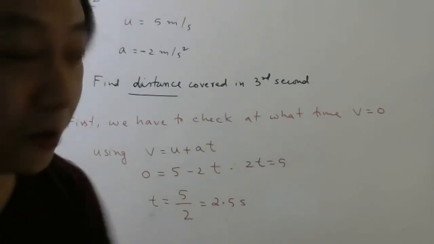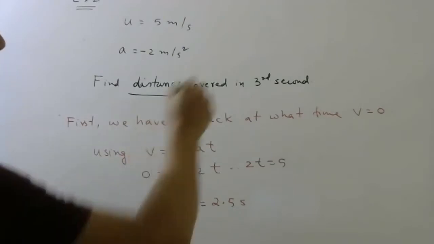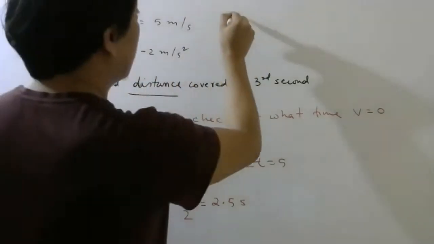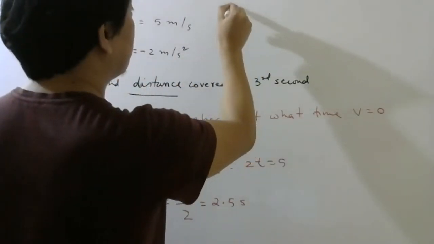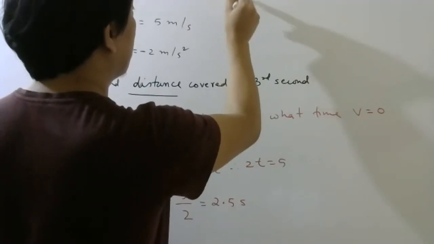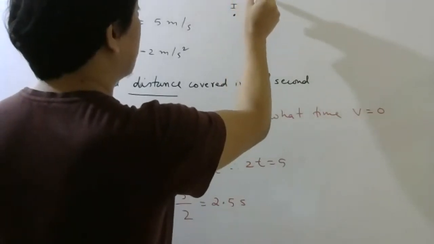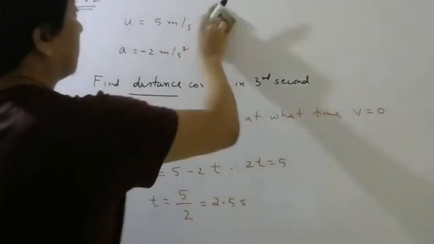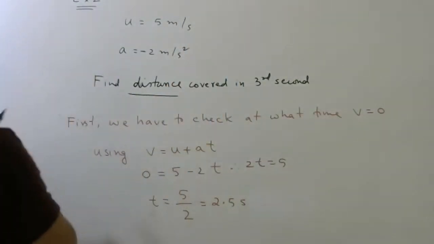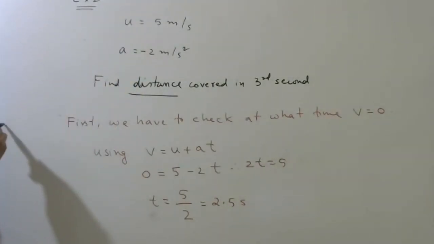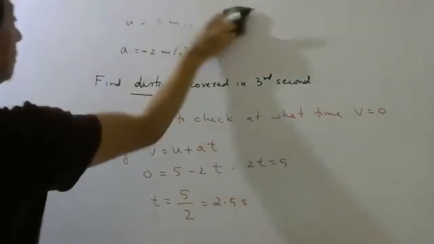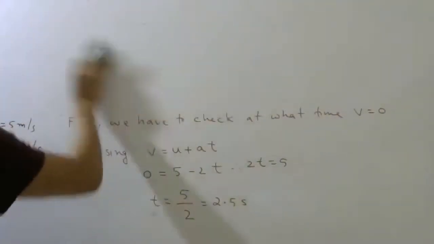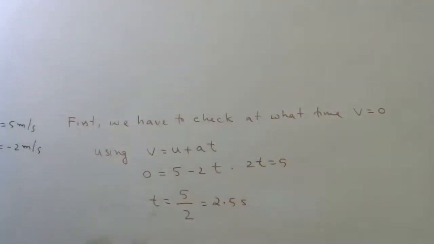So let us draw a picture. A picture will help you. Look here. Let's say this is my starting point, the initial point. Here velocity was 5 meter per second. Okay, let me write this data here so that I can use it later. Listen carefully, students.